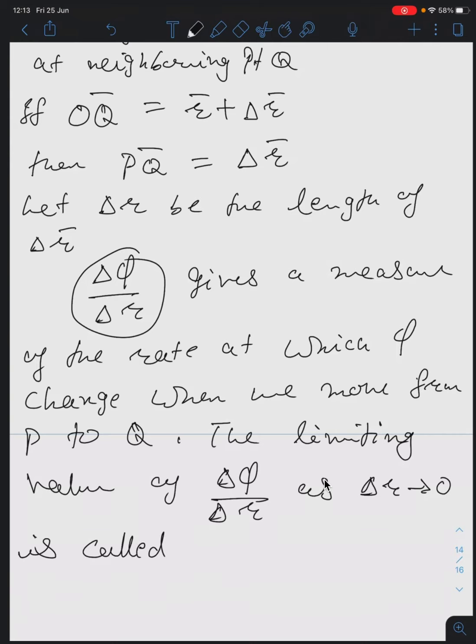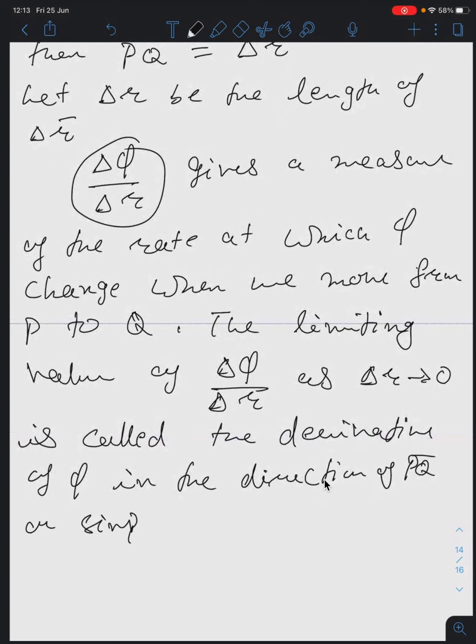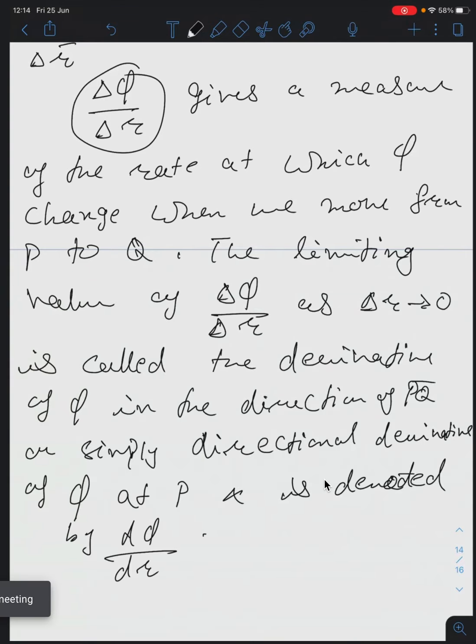It is called the derivative of phi in the direction of PQ bar, or simply you call it the directional derivative of phi at the point P, and is denoted by d phi by dr. So that is the definition of directional derivative.